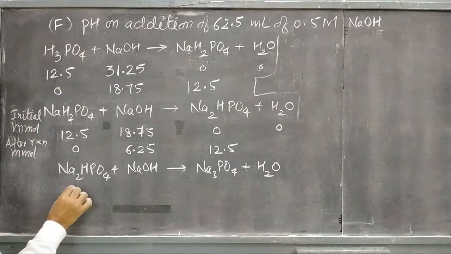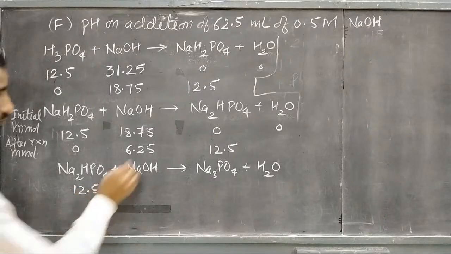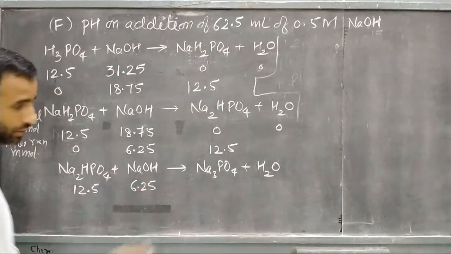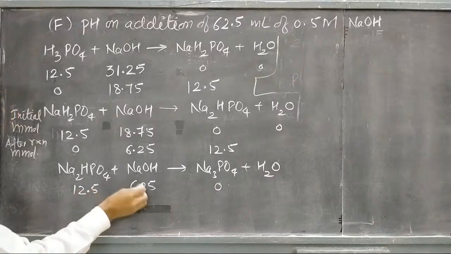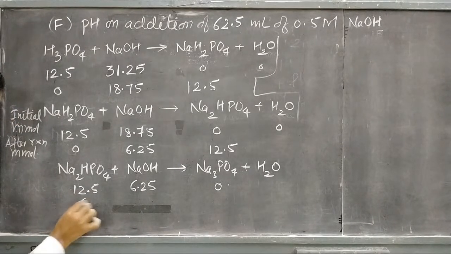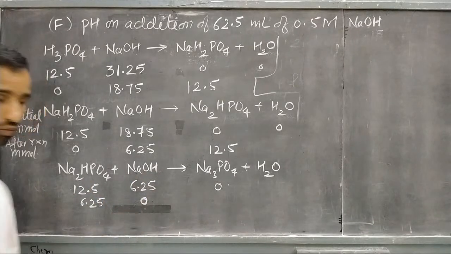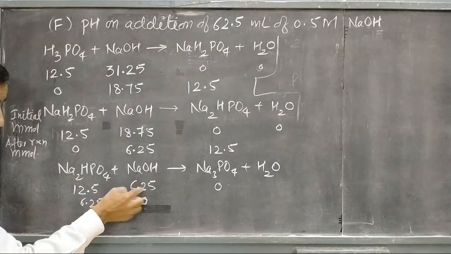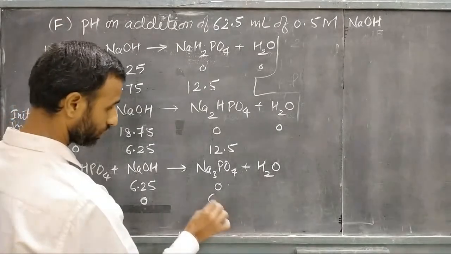Initial moles of Na2HPO4 is 12.5, NaOH is 6.25, and this is 0. After the reaction, we are left with 6.25 millimoles of Na2HPO4 and 0 NaOH, because NaOH is now the limiting reagent.